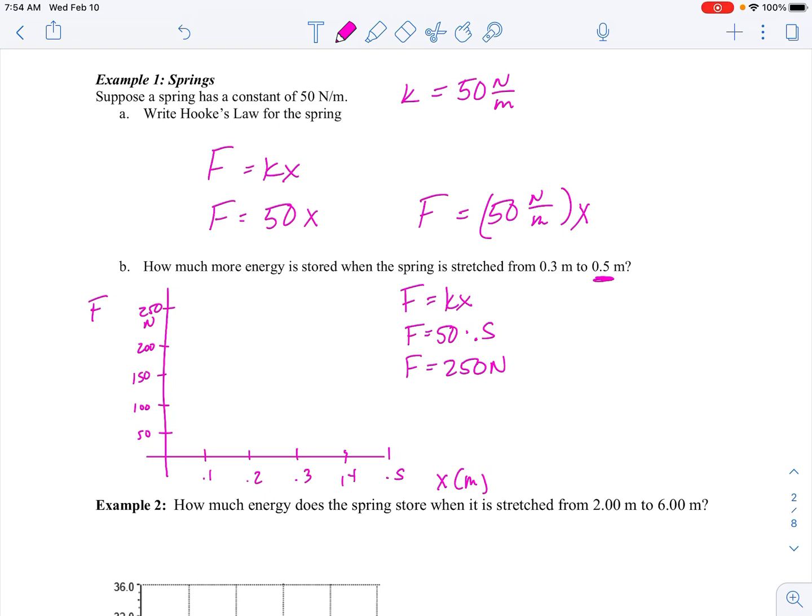And then I'll space it out in equal intervals. So the graph of this would look like this. And again, this point right here, my maximum point, has an x value of 0.5 and a y value of 250.